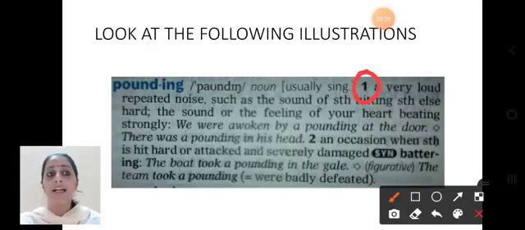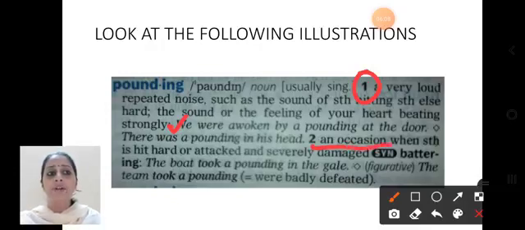A very loud repeated noise, such as the sound of something hitting something else hard. Here I have an example sentence. We were awoken by a pounding at the door. Clear?